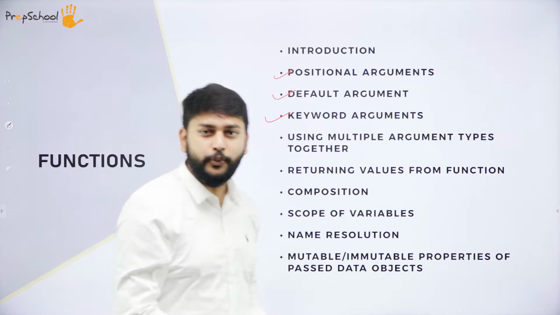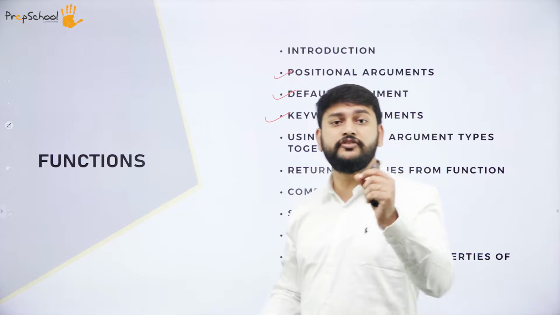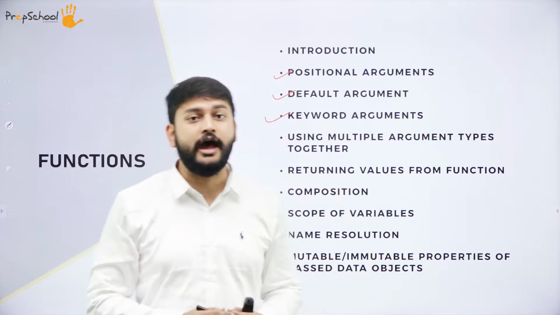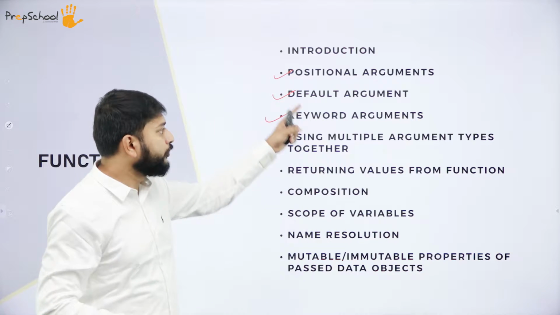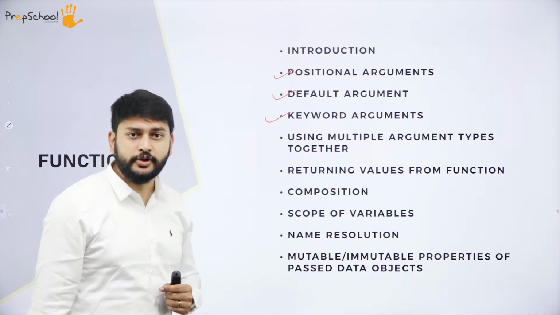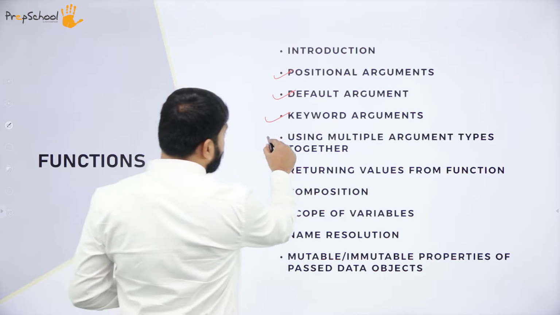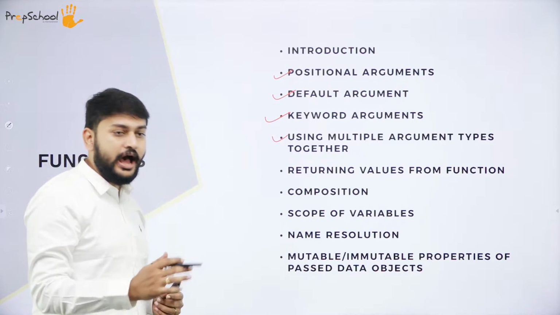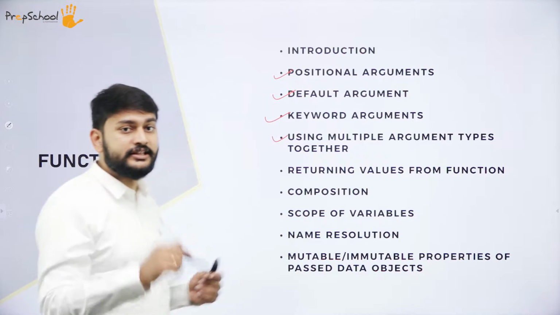If you want to deal with functions, you should know how many different types of arguments we have. Let me discuss in detail positional, default and keyword arguments. Along with that, I will also discuss how you can pass multiple arguments in your functions.